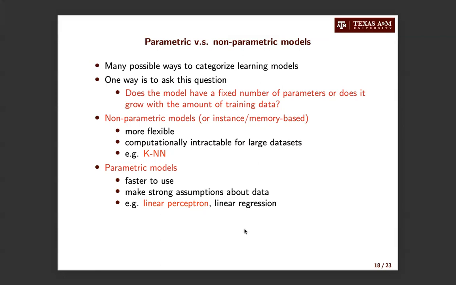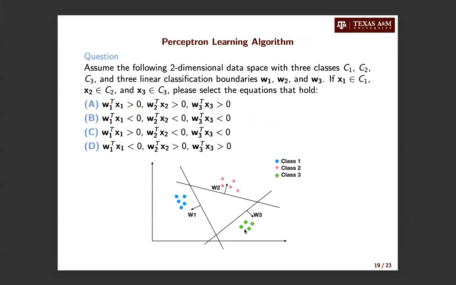This linear structure is represented by a line or a hyperplane, or by the weight W that we have seen. So the weight W is the parameter of our parametric linear perceptron algorithm, and this weight is learned from the training data. This is in contrast to the hyperparameters, for example, the learning rate alpha that we saw, which is predetermined before we start the learning process.